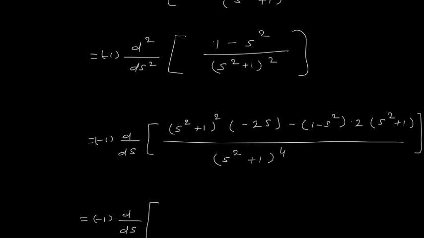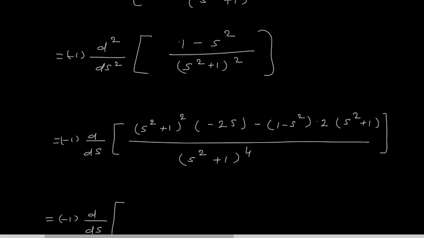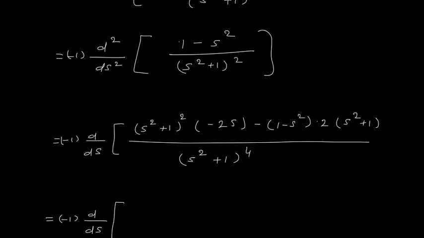Here also there is some problem. s square plus 1 the whole square into, here I got minus 2s, then 1 minus s square, here I differentiate the 2 into s square plus 1, then this s square plus 1 again I will differentiate now. So derivative of s square plus 1 is what? It is 2s. So let us write into 2s first. Okay, then I will close this bracket.